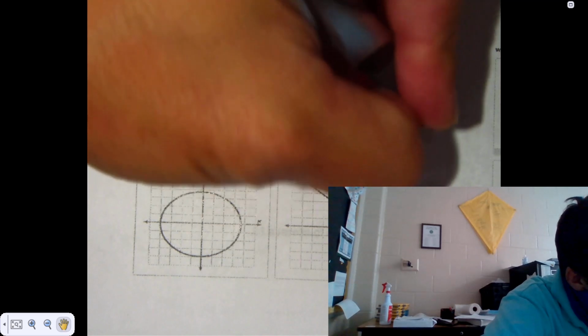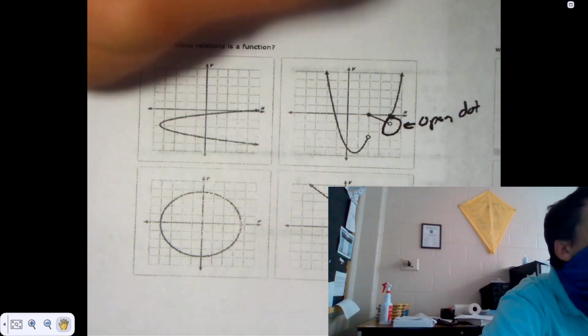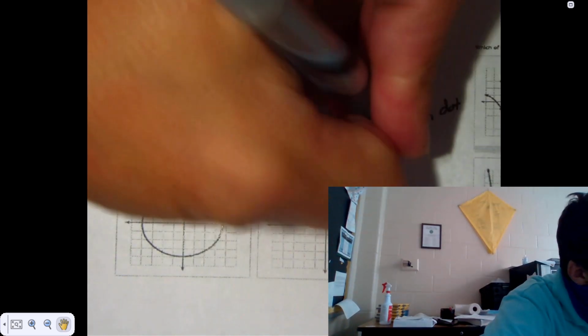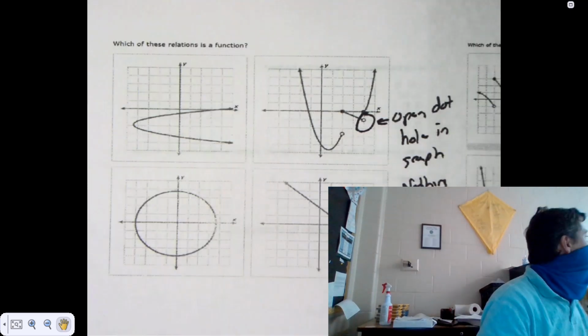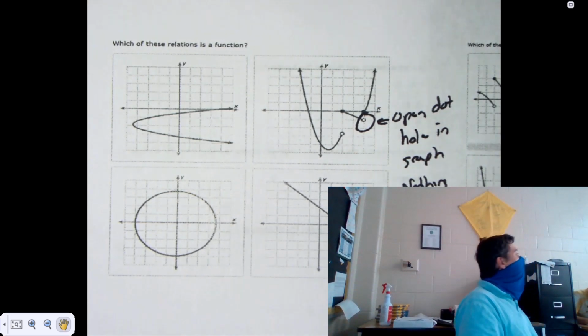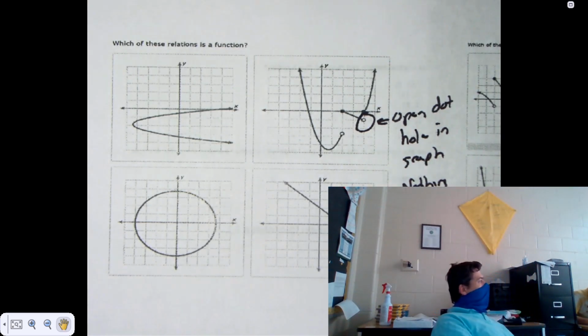It is an open dot. It is literally what we call a hole in a graph. There is nothing there. It is what we call a hole in a graph. There is nothing there.